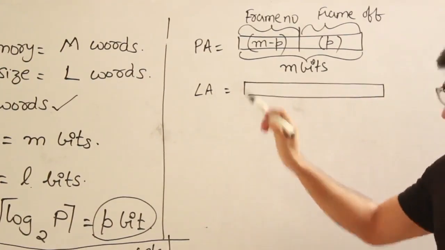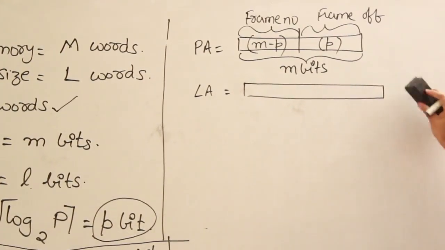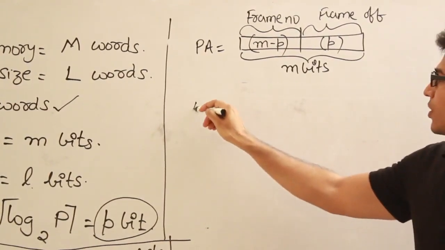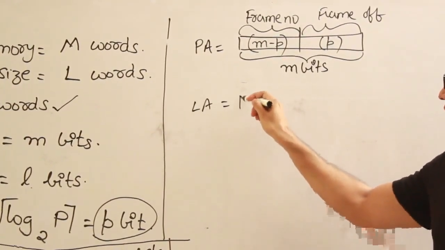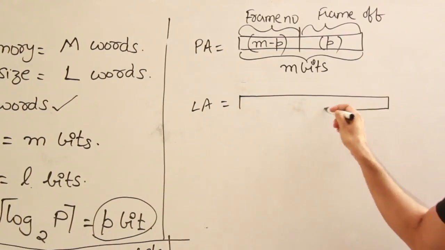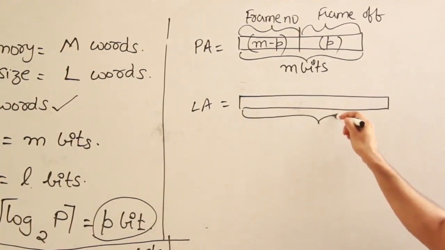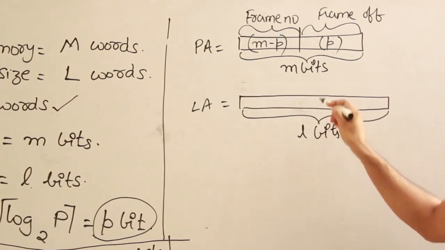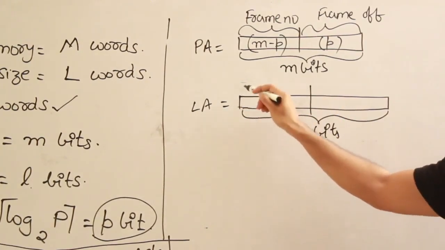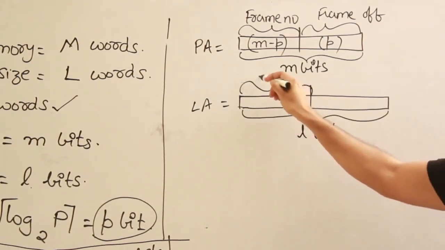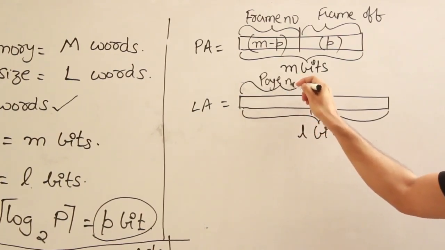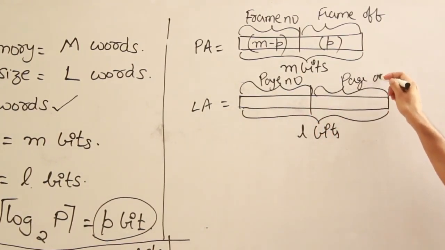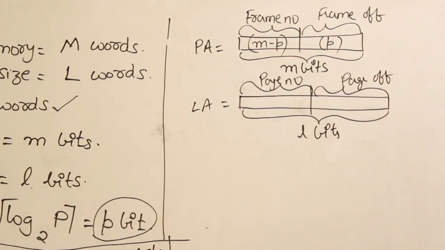So the logical address, which is equal to L bits, is split up like this. It contains two parts: one part is page number and the other part is page offset, right?